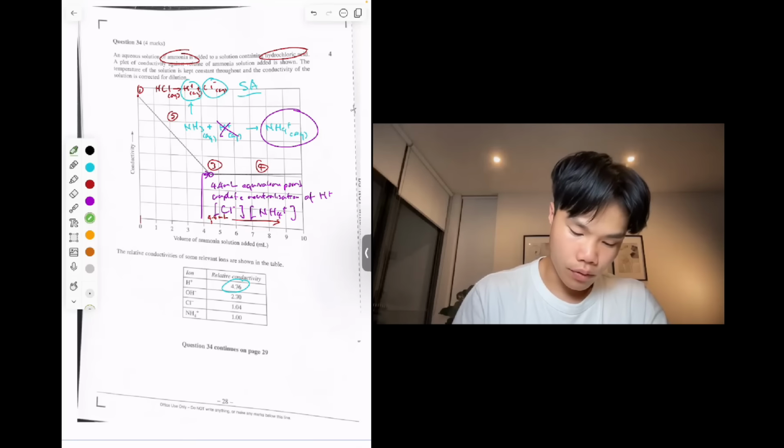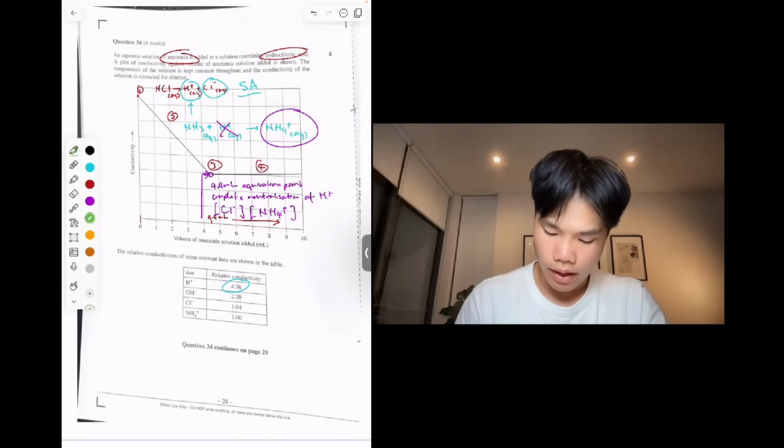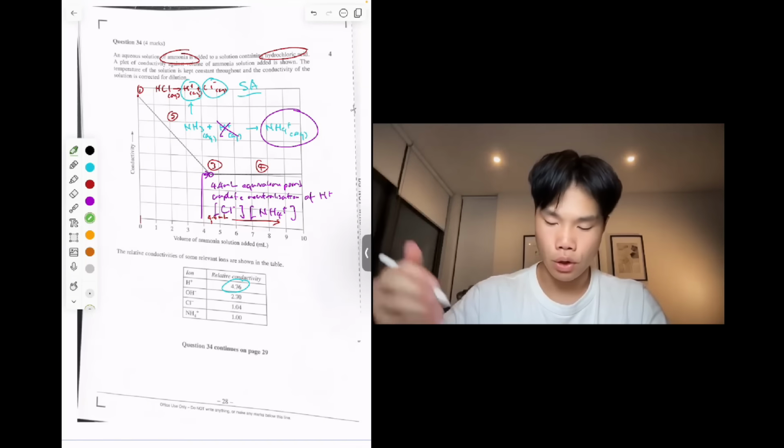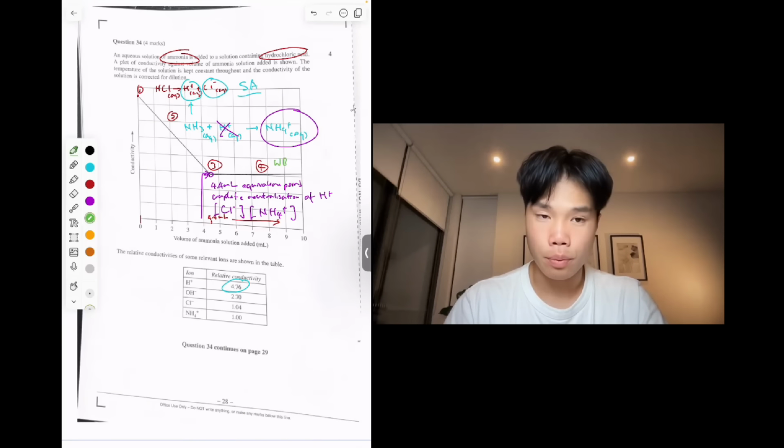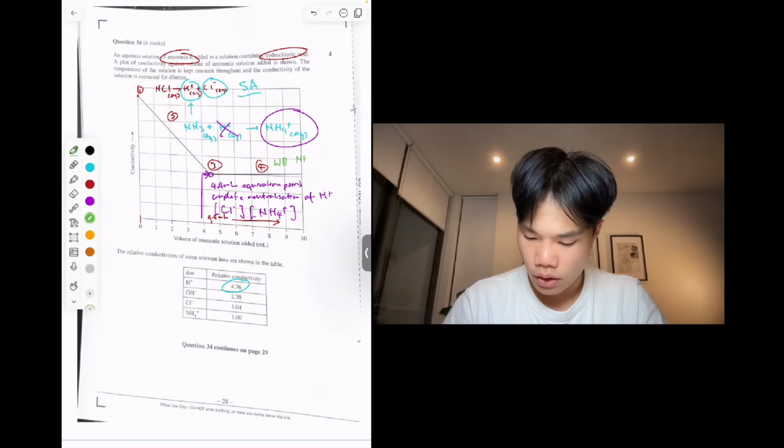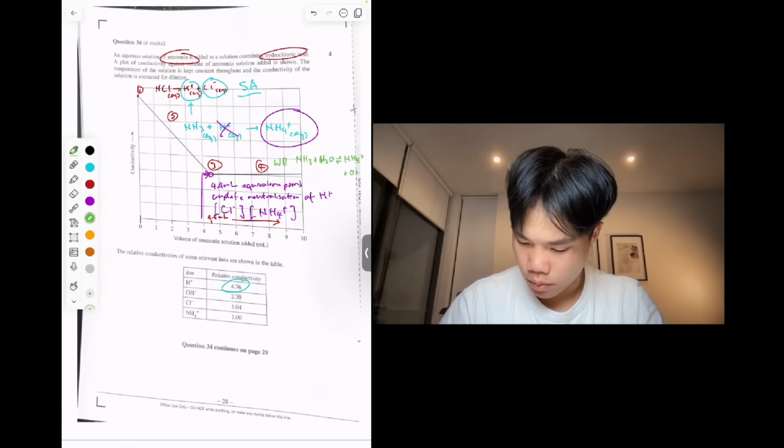Finally, from point 4, pretty much 4.4 mL onwards, you are just adding weak base into solution, which is dissociating into OH minus, and you can show NH3 reacting with water, for example, as another equation, to make NH4 plus and OH minus.